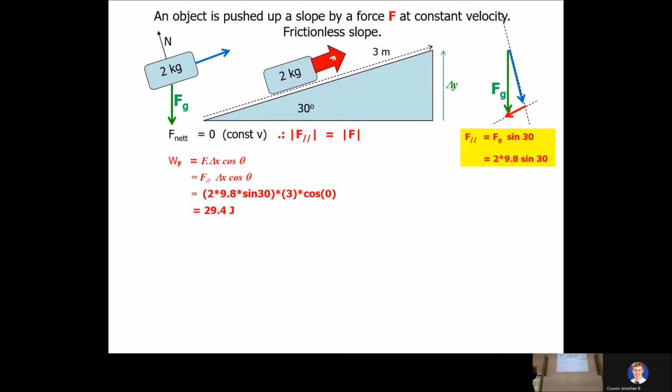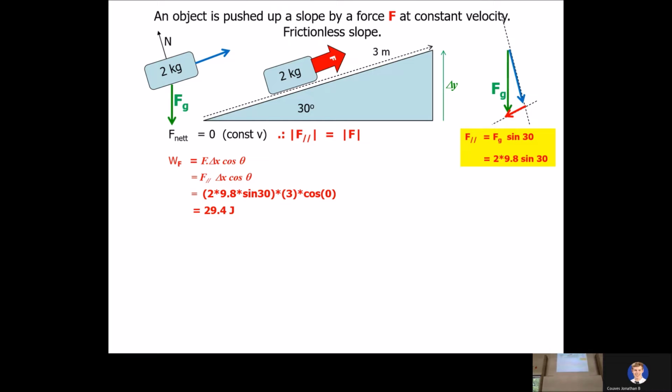This cos theta, what angle is this? The angle between F parallel and delta x. Actually it's not F parallel, because we're talking about the force F and delta x.